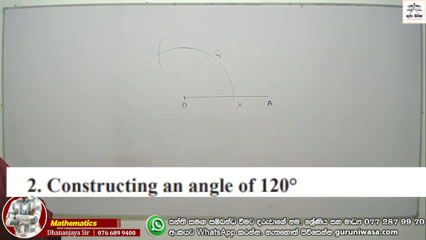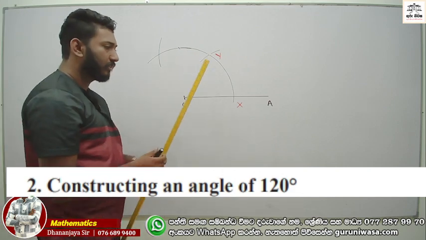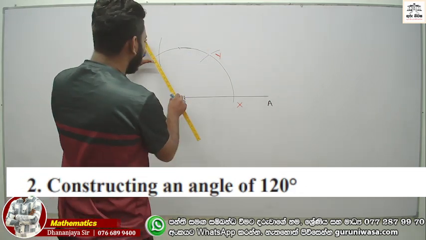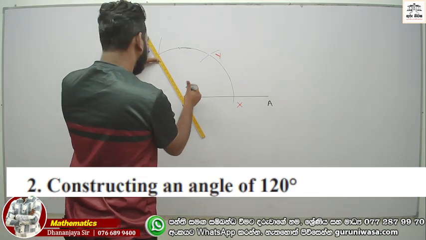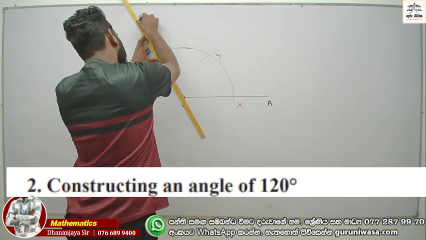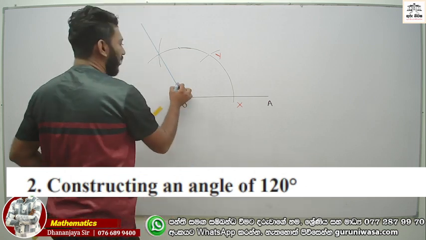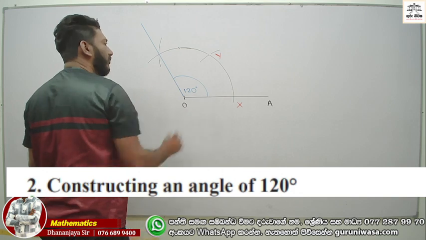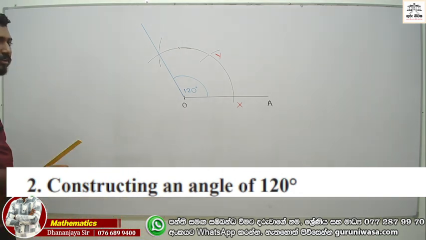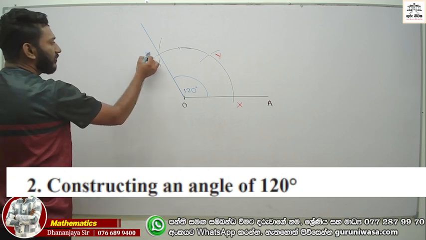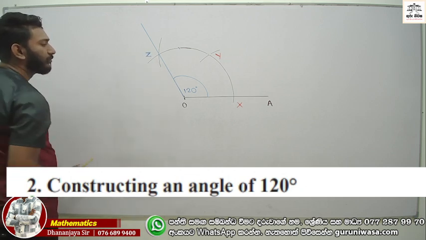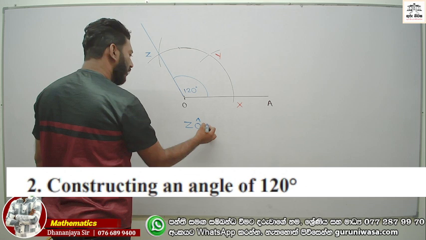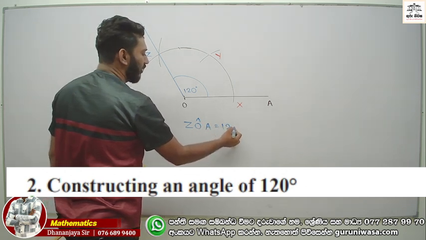Now, we are done. Now, this one should be 120 degrees. Now, look at this. It must be 120 degrees. Let's check. And name it Z. Angle ZOA should be 120 degrees.